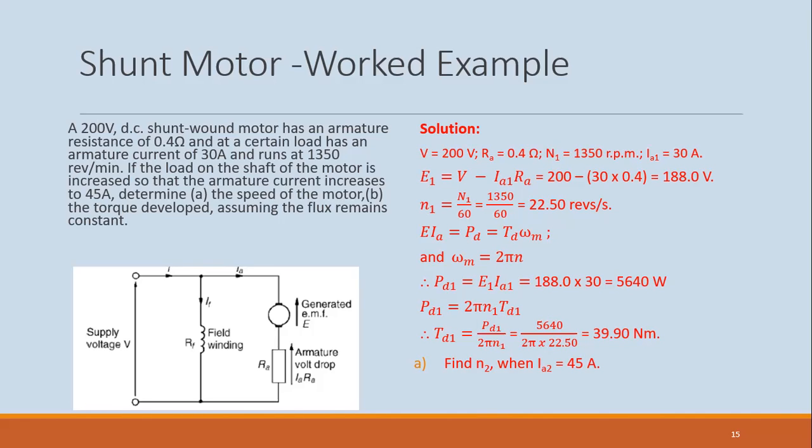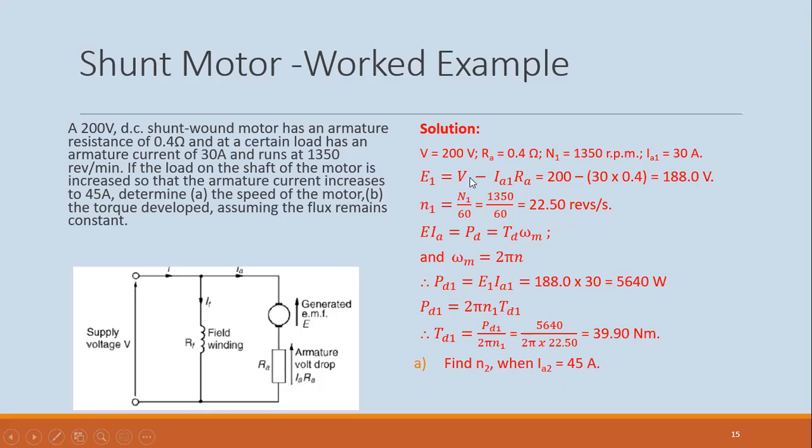All right, so let us look at the present load, 30 amps, present speed, 1350 RPM. So we can work out what the induced EMF, or the back EMF, is.